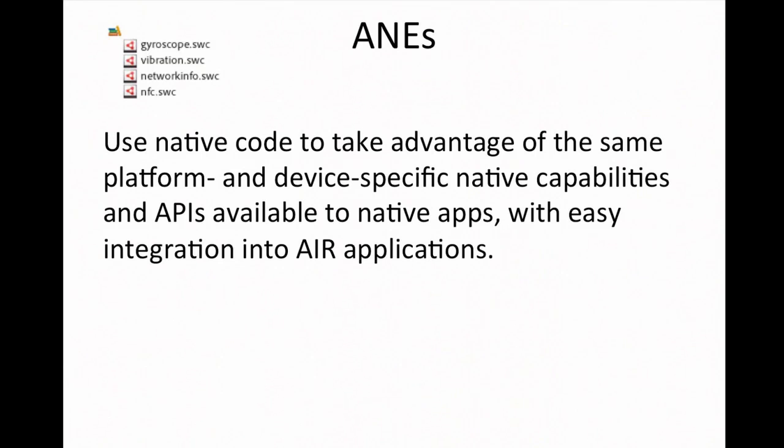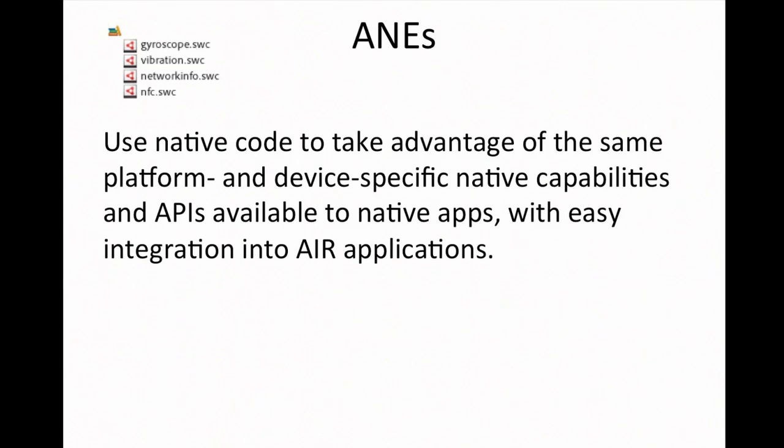For example, I always thought this was funny. On Air for mobile, I do not have access to the vibrator on the phone. We've all had our phone vibrate like this. Now there's an ANE that Adobe has put out called Vibration. I can drop that in, and that's how you pull it in.